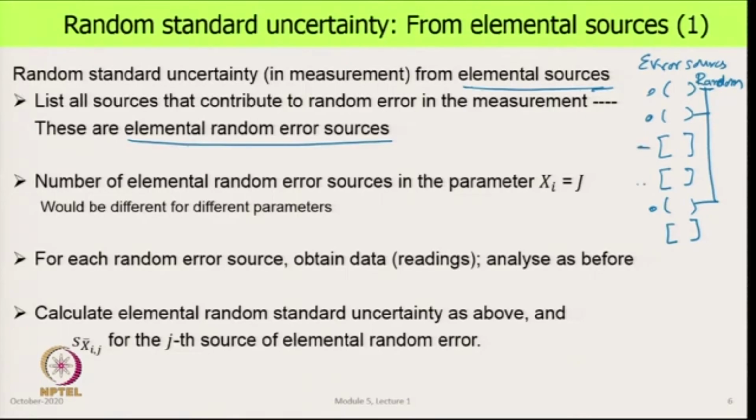The others will be the systematic errors. So, we say that the number of elemental random error sources in the parameter is j. J could be 1, 2, 3, 4, 5, whatever, and remember, all of this is done by the experimenter, that is you.